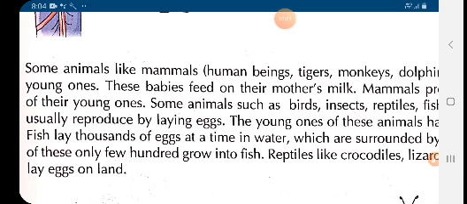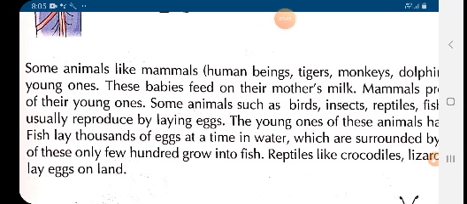Fish lay thousands of eggs at a time in water, which are surrounded by a kind of jelly. Out of these, only a few hundred grow into fish. Reptiles like crocodiles, lizards, snakes, and turtles lay eggs on land.